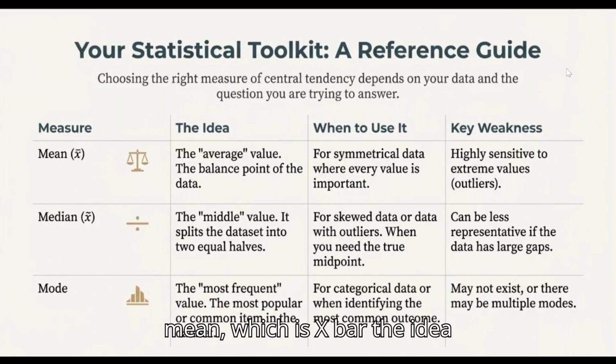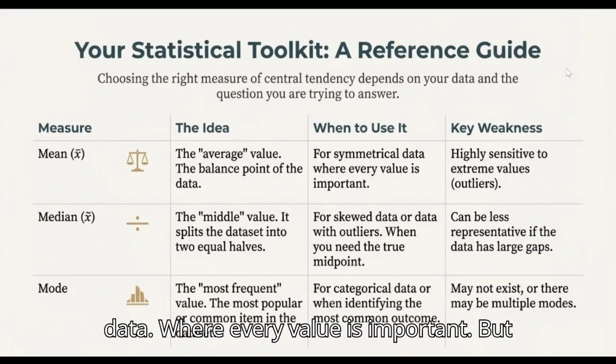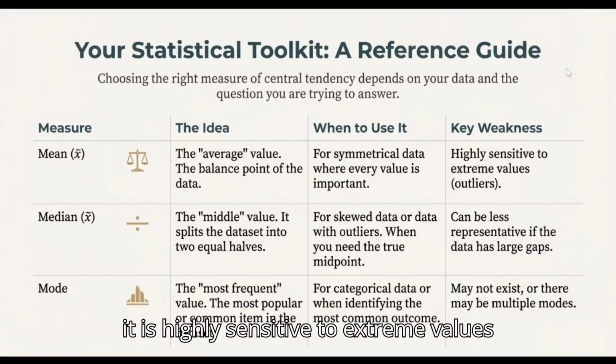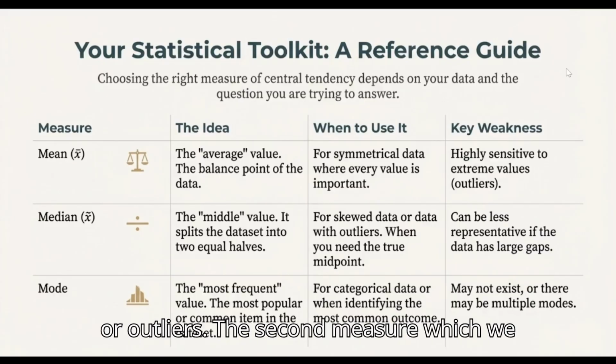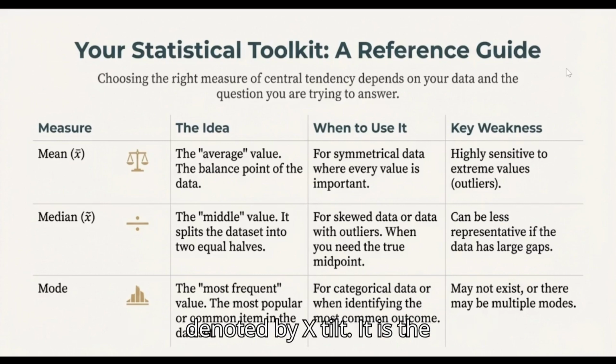The measure of mean, which is x bar, the idea is that it is the average value, the balance point of the data. When do we use mean? We use it for symmetrical data where every value is important. But what is the key weakness of mean? It is highly sensitive to extreme values or outliers. The second measure which we talked about in this lecture was median, denoted by x tilde.